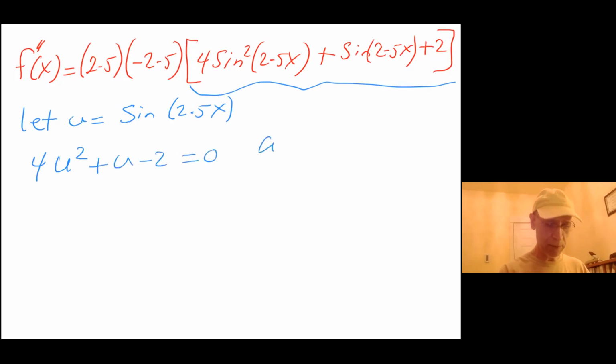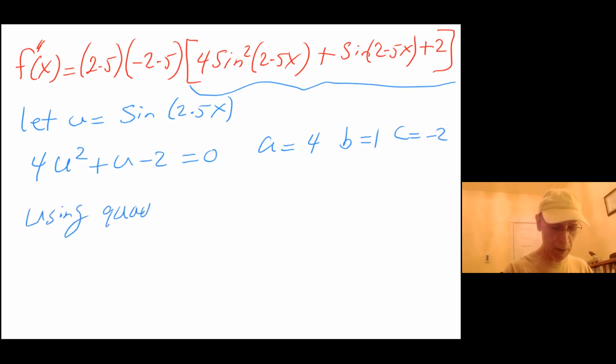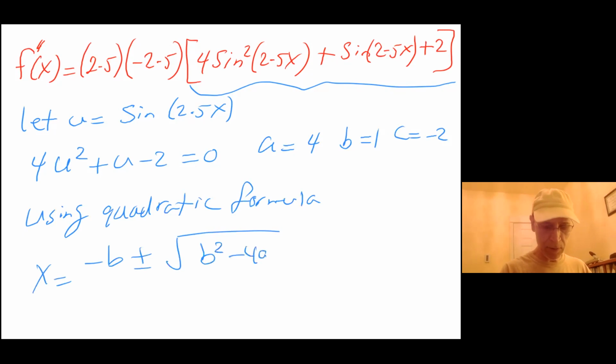So a equals 4, b equals 1, c equals -2. So using the quadratic formula, I have x equals -b plus and minus square root of b squared minus 4ac all over 2a.